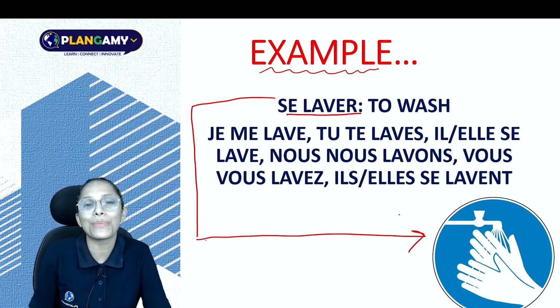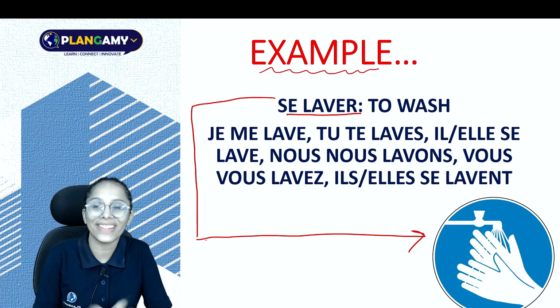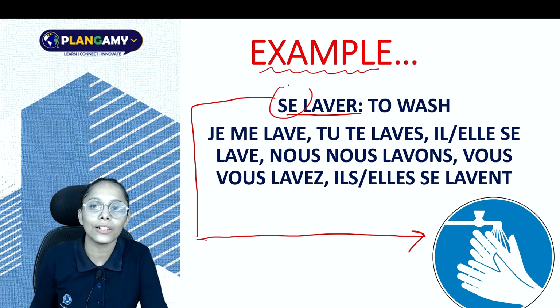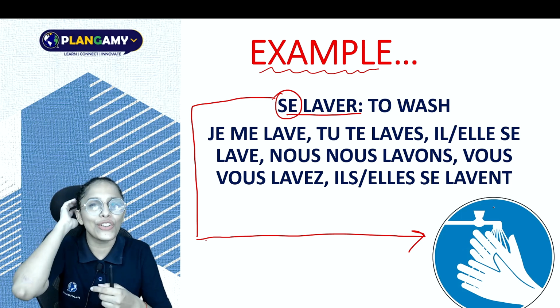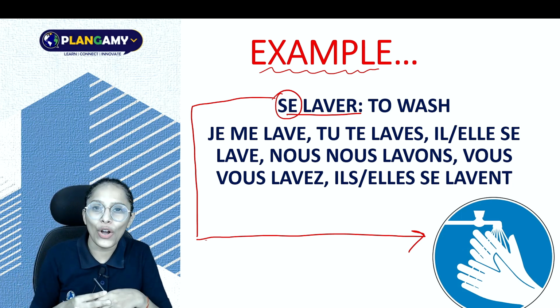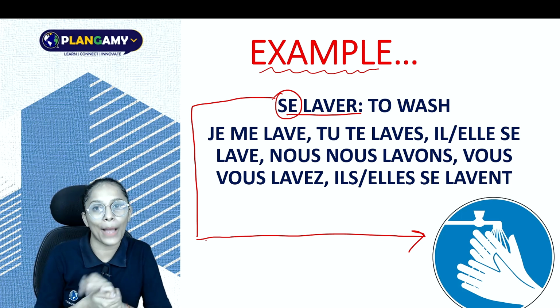It is a pronominal verb, because all the verbes pronominaux will always contain this se. Alright, so se laver means, as you can see here in the picture, to wash. To wash anything, for example, to wash your hair or to wash your hands.